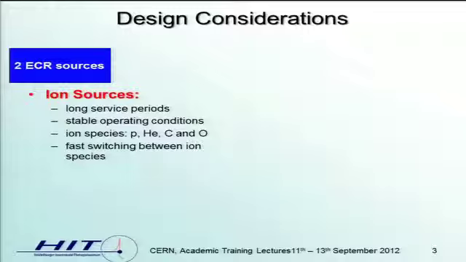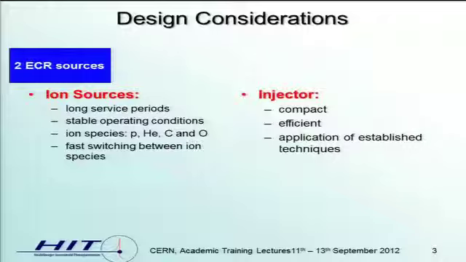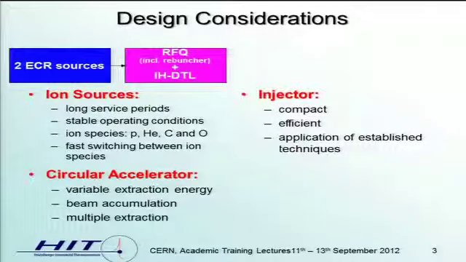We will come to that later. The injectors should be very compact and efficient, using established techniques so that it runs very smoothly. The solution for that is an RFQ and an IH drift tube linac in our case. We will come to that.